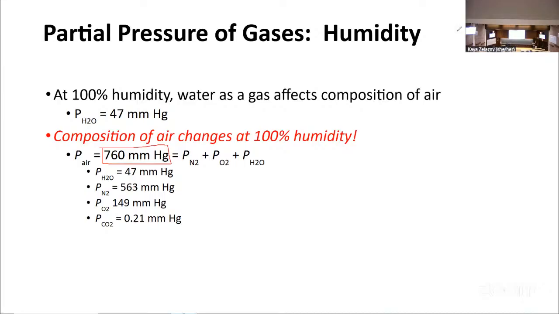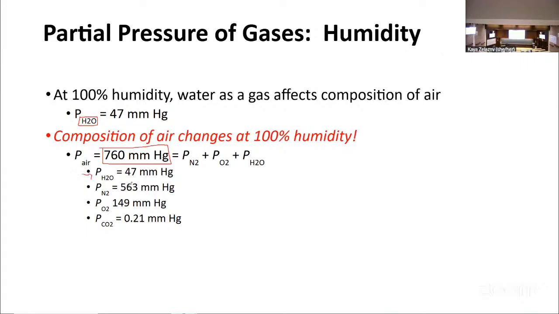But if you're in a really humid environment, that water vapor is taking up space, right? So it needs to be accounted for when we look at the partial pressures. Okay? So at 100% humidity, our partial pressure of water vapor is about 47, okay? All right. So now 47 of that 760 is taken up by the water, okay?